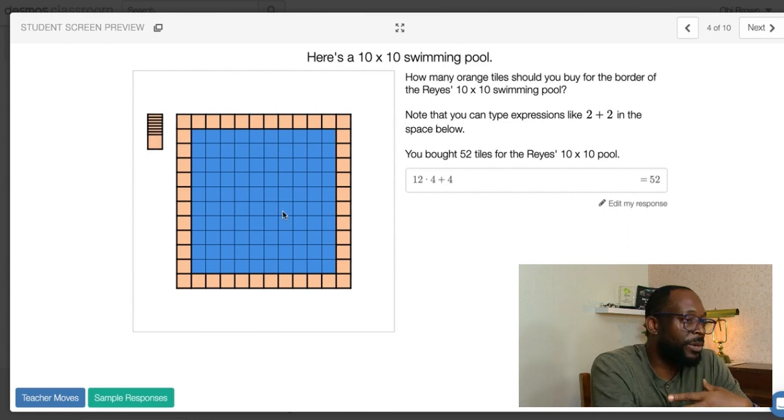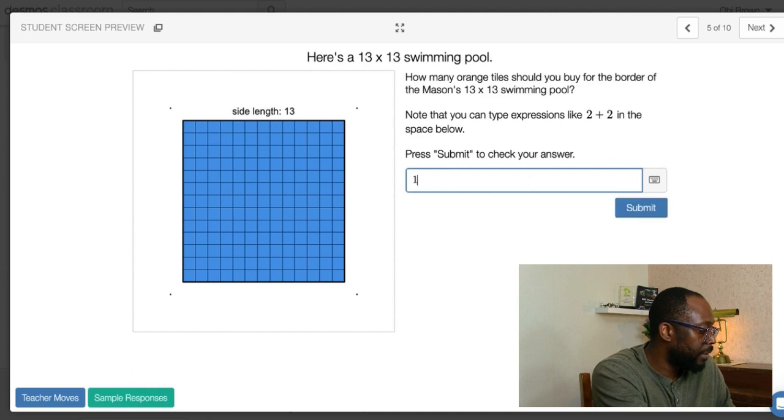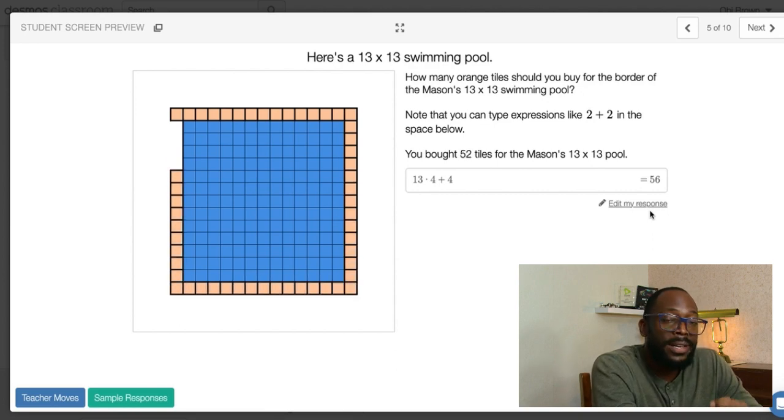So I, as the person buying tiles for this pool, can quickly see that I've bought too many tiles. We can check it again and say 13 times 4 plus 4, and this just helps us to know if our iterative rule is correct.